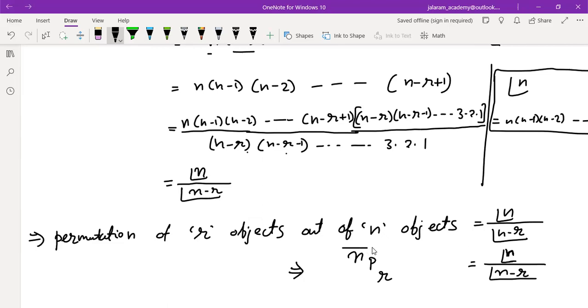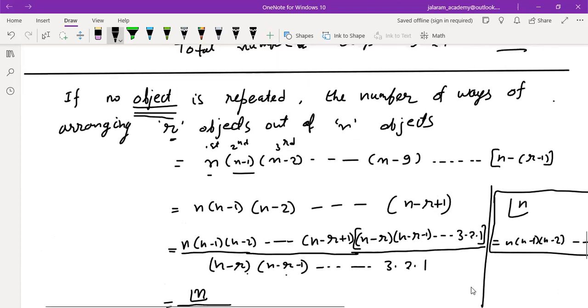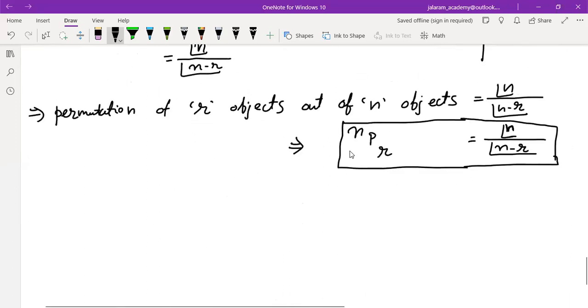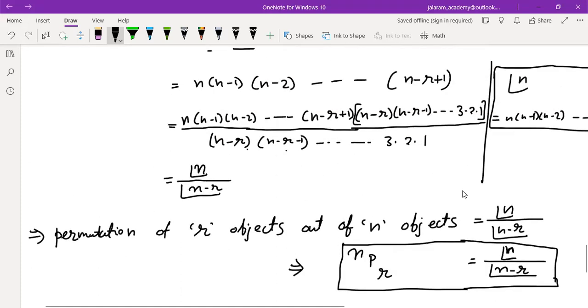This is the permutation of r objects out of n objects. Understood, everyone? If no object is repeated, the number of ways of arranging r objects out of n objects is given by nPr, which is equal to factorial n upon factorial n minus r.